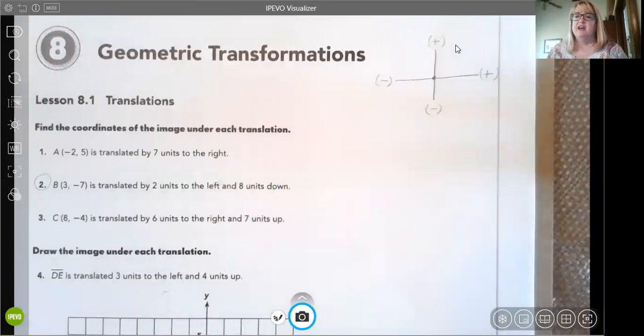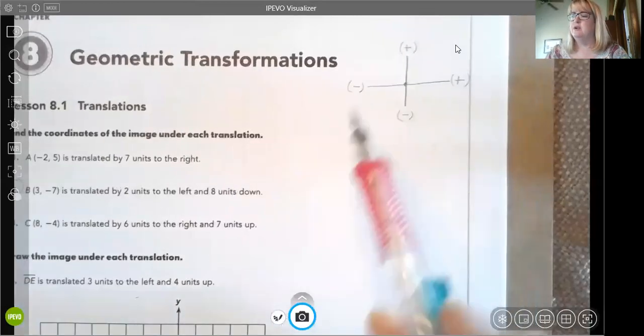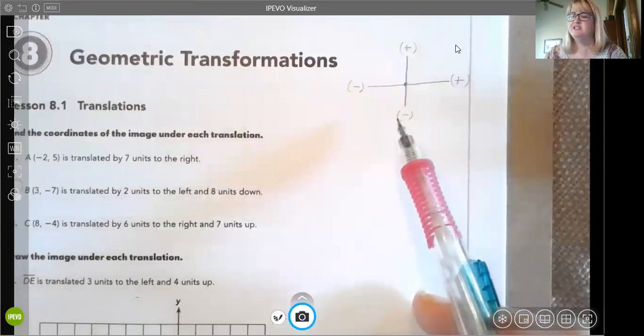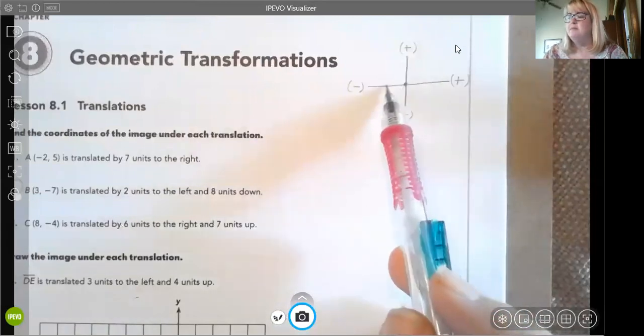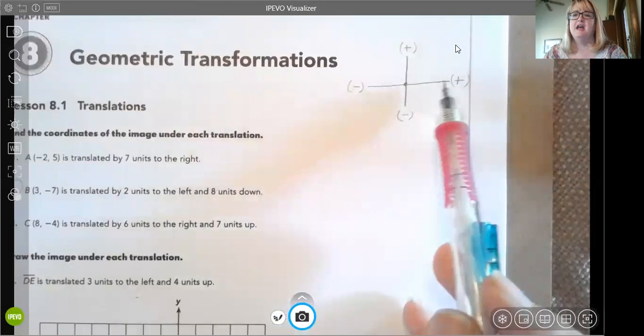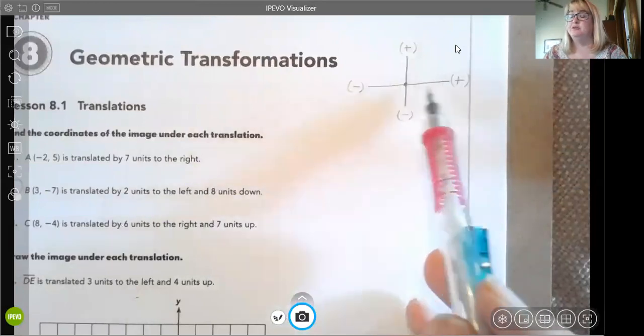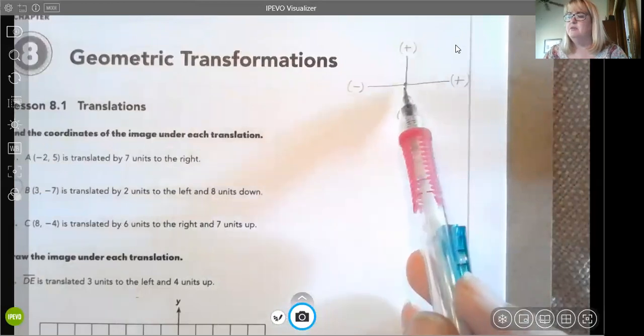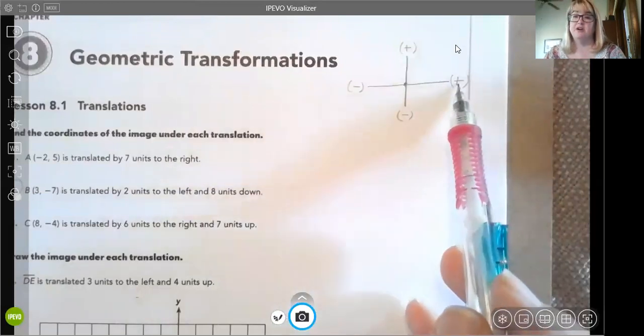So a translation, like I said, was a left or right, up or down movement. And I want to take a look at this coordinate grid for a second and how it's laid out, because this will help us understand this. This is the x-axis, and to move along the x-axis, you move left or right. As I move to the right, my numbers are getting bigger.